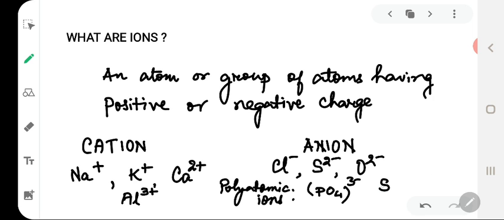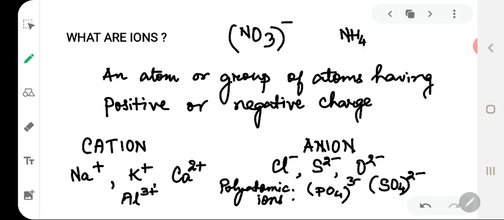Similarly, SO4 2-, this is the sulfate ion. Similarly, NO3-, this is the nitrate ion. NH4+, and this is the ammonium ion. So there are many such polyatomic ions.